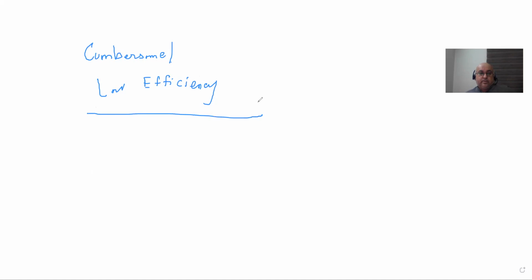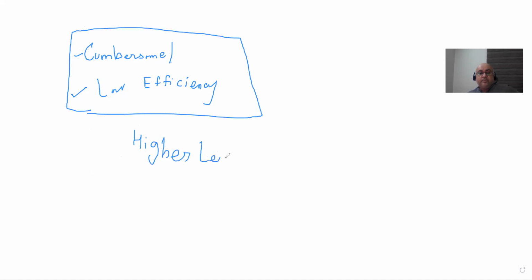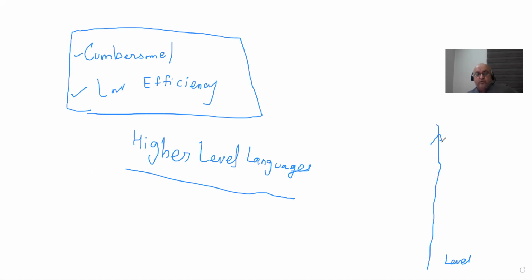All right. So this is important to understand. And hence, we came up with the concept of higher level languages, right? Higher level languages, which is basically, there's a very good rule of thumb to understand what we mean by higher level languages. So let's say this is the level, and the level goes from low to high.